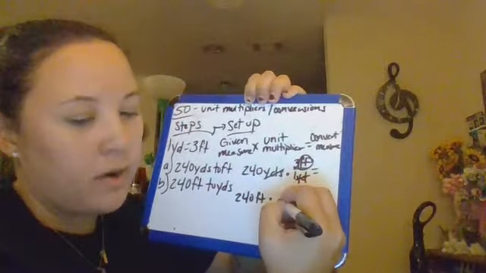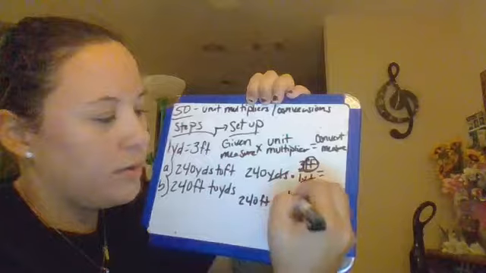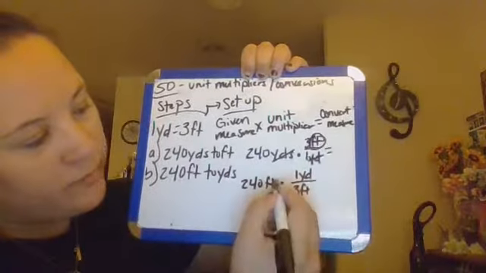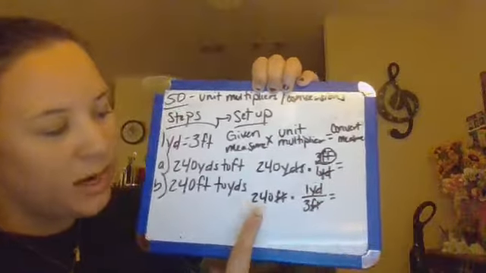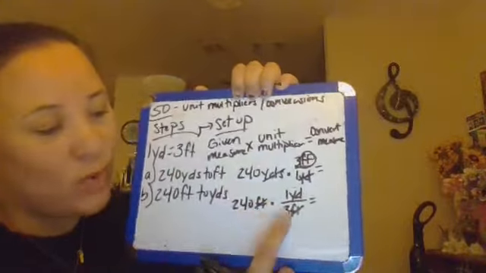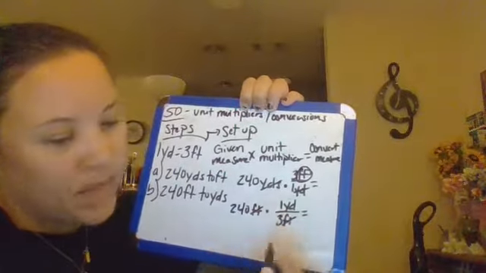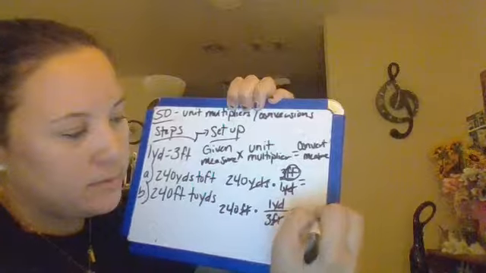So we know that there are 3 feet in 1 yard. So our feet cancel themselves out. So this time we were going to divide 240 into 3 because this is at the bottom. And that's going to give us 80 yards. Because yards is the measurement that's left.